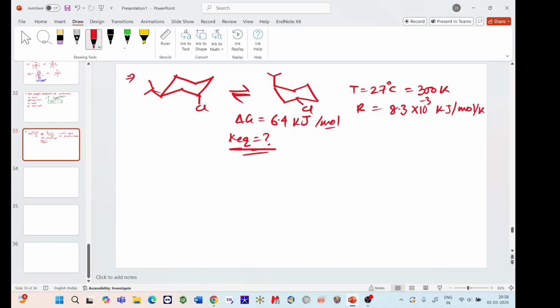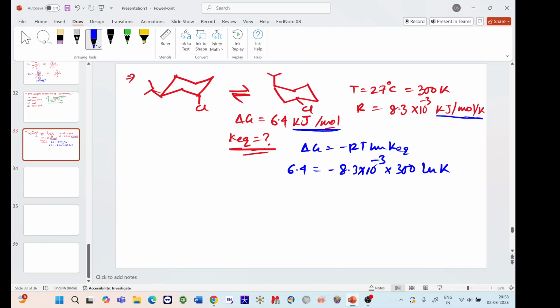Can you try it? As we know, delta G is equal to minus RT ln K, and delta G is 6.4. Here you need to keep in mind the units, always. Here it is the same unit, so you don't need to convert. R is 8.3 into 10 to the power minus 3, T is 300 Kelvin, then ln K. Ln K will be how much? Check it and let me know.